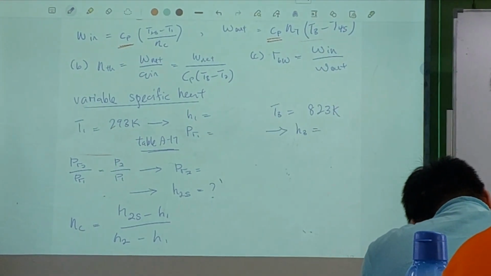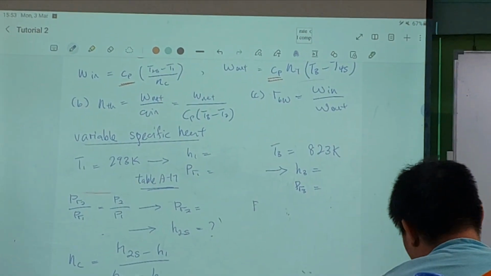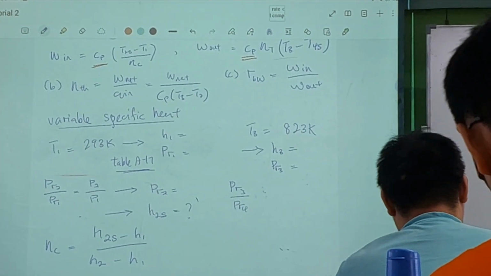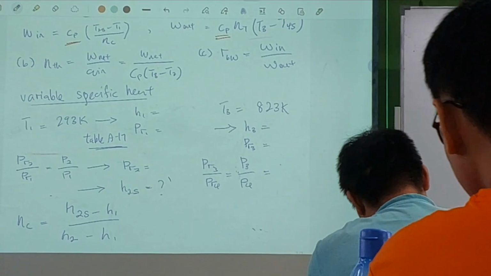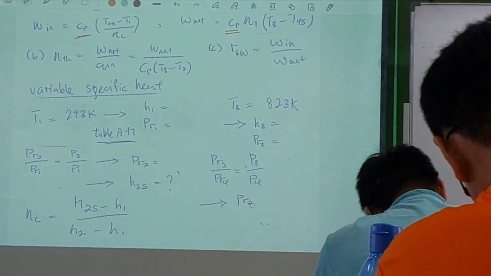You will get h3 and Pr3, then Pr3 over Pr4 equals P3 over P4. From here you need to find Pr4 and then h4s.